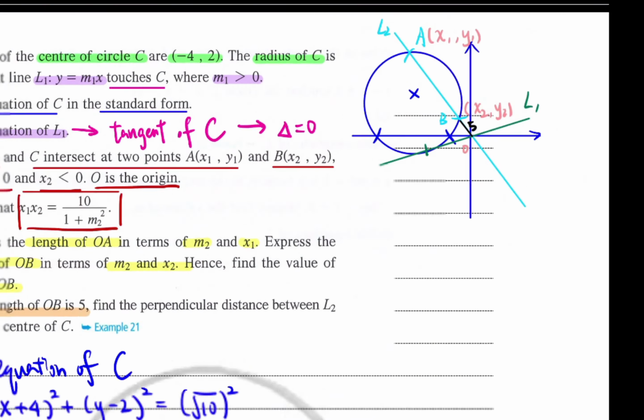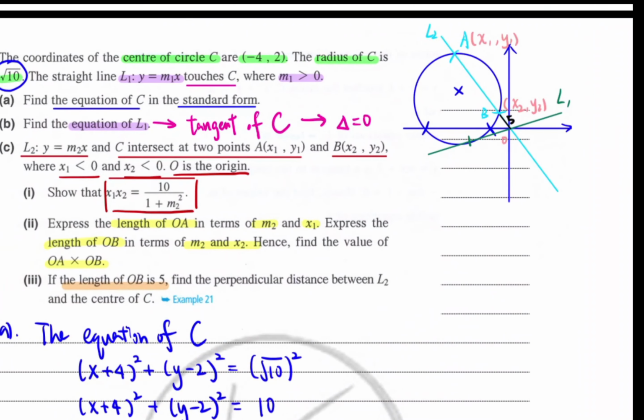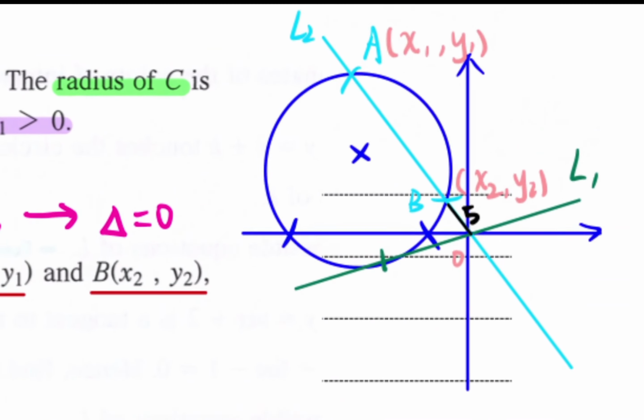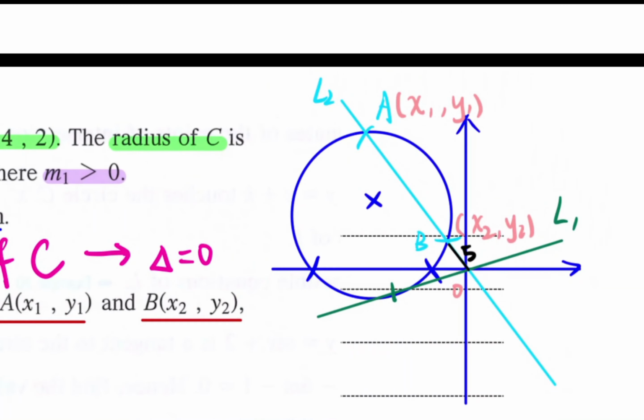And then the question asks you, find the perpendicular distance between L2 and the center C. So you know that the center C, and you get the L2 here. So the cross in the middle is C. And I want to calculate the perpendicular distance from center to L2. So it's the green line here.